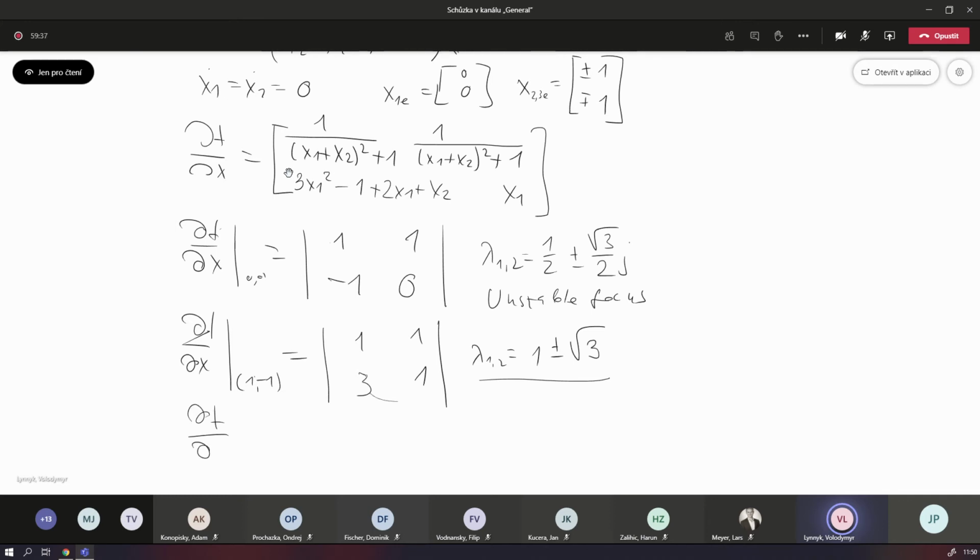The df/dx, minus 1, 1 equal to 1, 1, 1 minus 1.